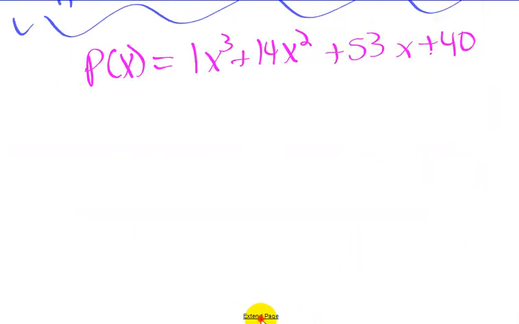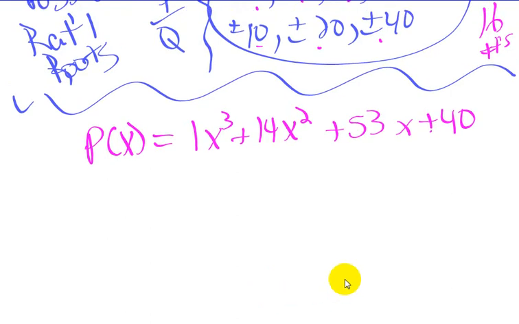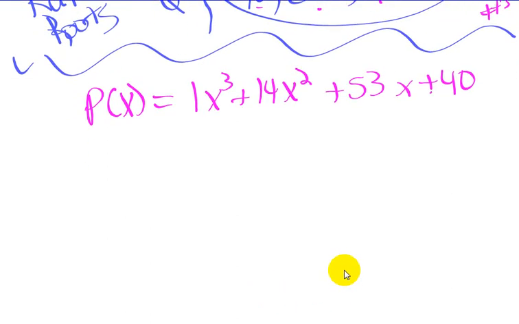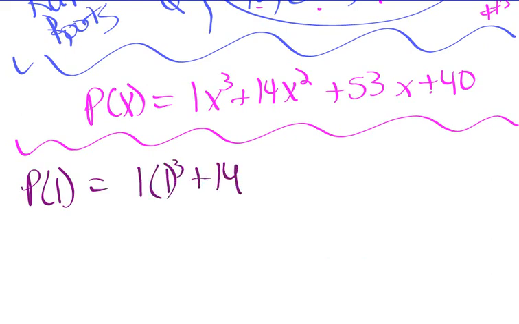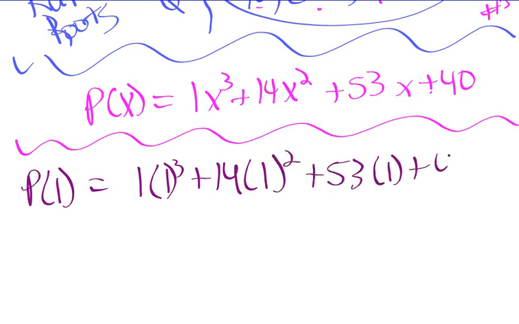So let's do the first one, p of positive 1. And that's going to be equal to 1 times 1 cubed plus 14 times 1 squared plus 53 times 1 plus 40.